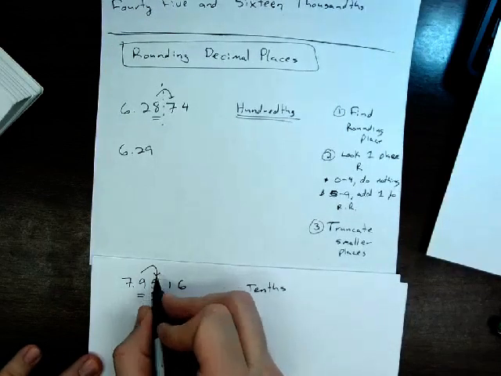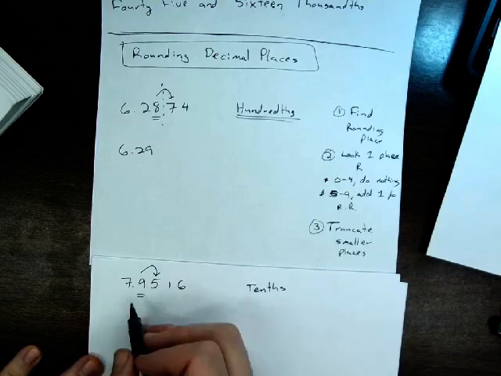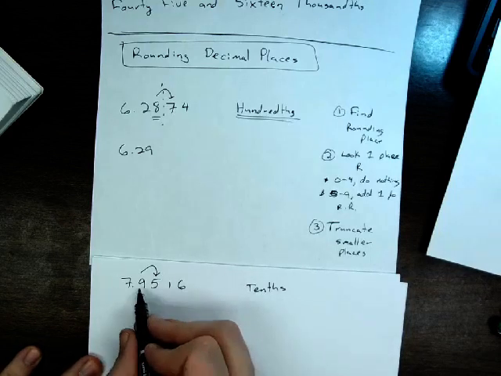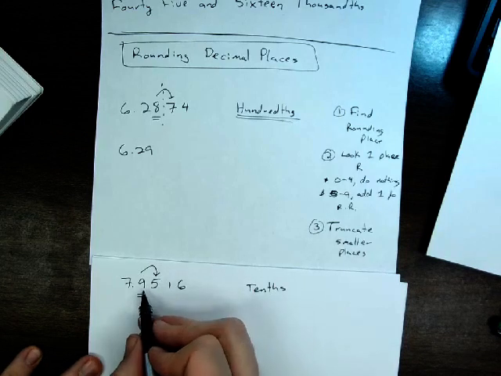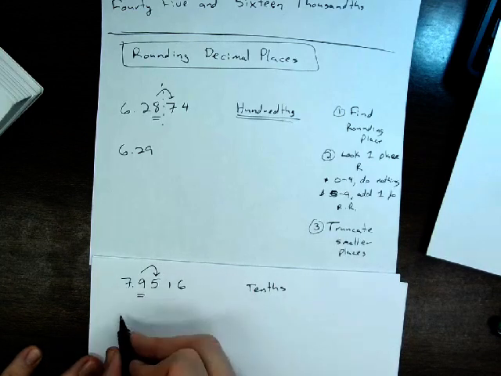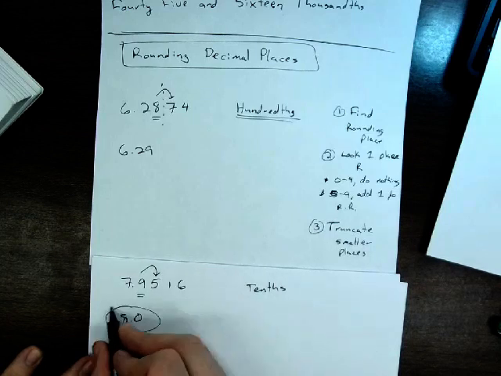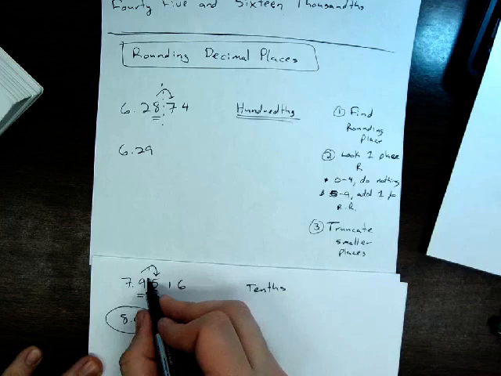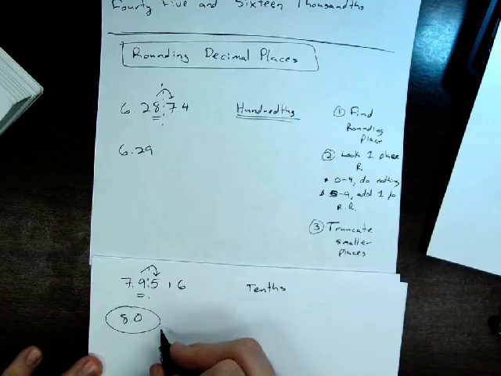I'm going to look one place value over, that's 5 or more, so I need to add 1 to this. Notice that because I've got a 9 here, and I'm rounding up, I have to add 1 to this, and it means I need to carry, so it's going to become an 8.0, but I am done right there. I have truncated at the tenths place. I always include that rounding place.